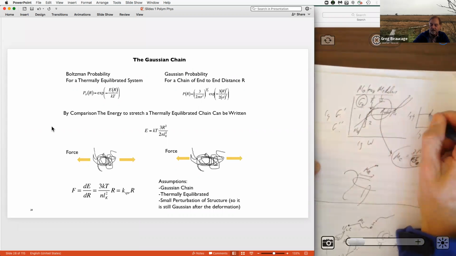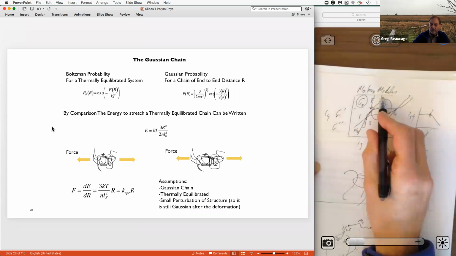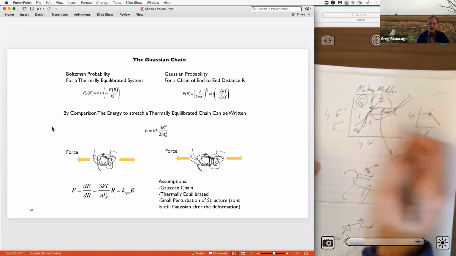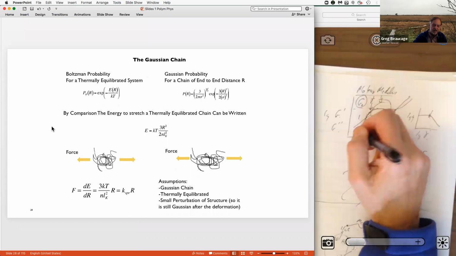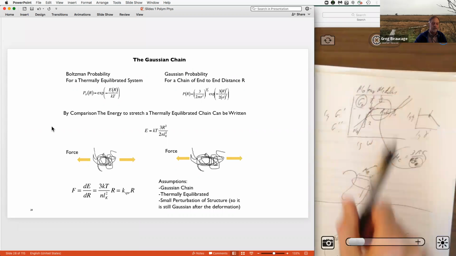So 1 over the gamma dot here, or 1 over the frequency here. And that was in the homework this week. That gives you this time where the entanglements can relax, and it flows beyond that for longer times.